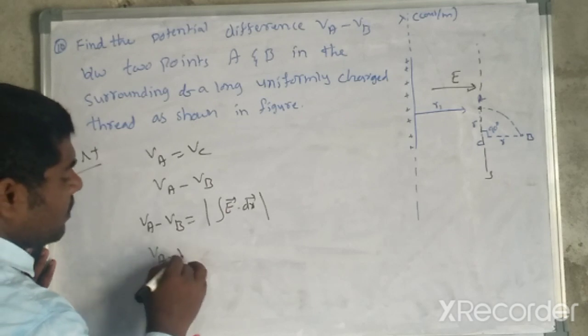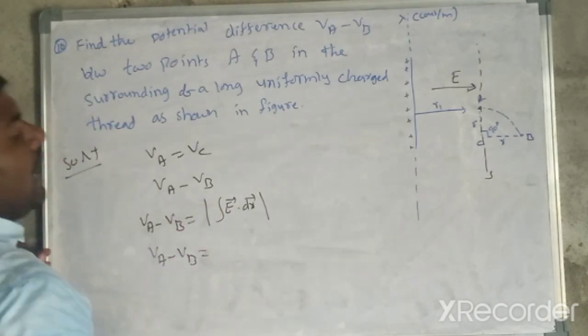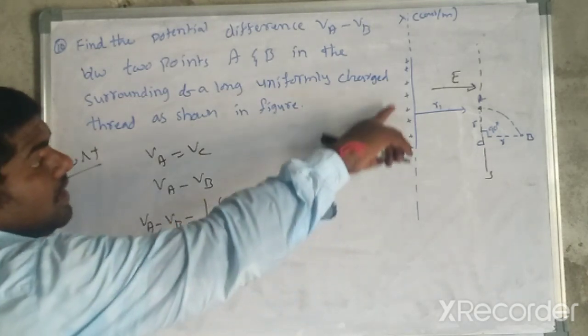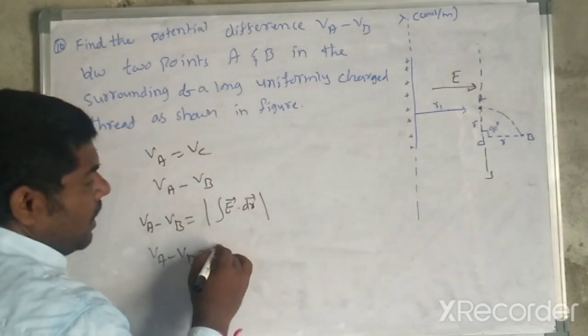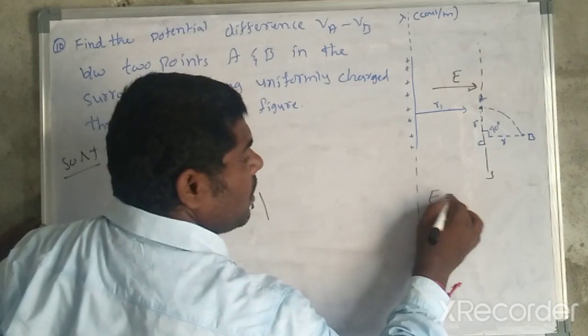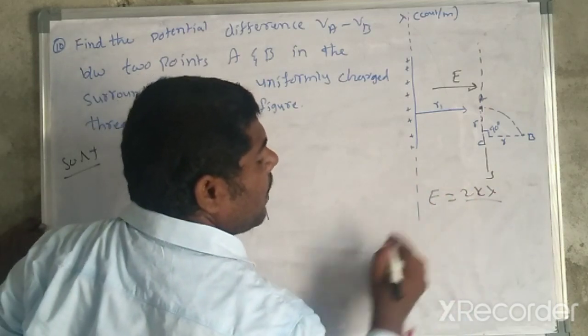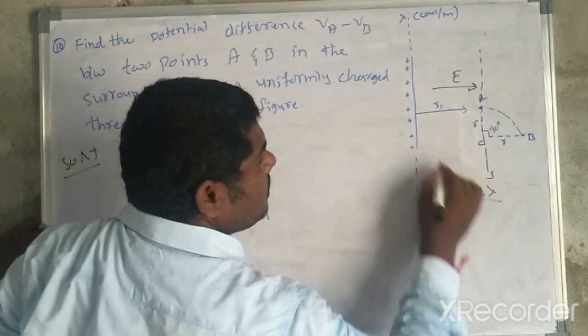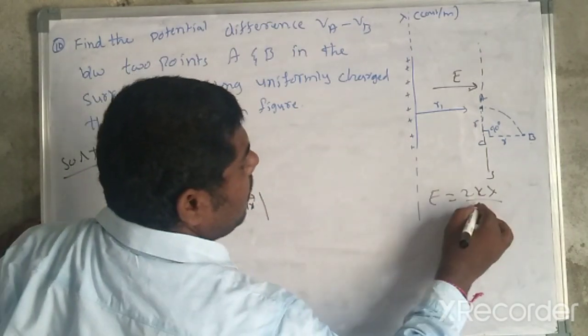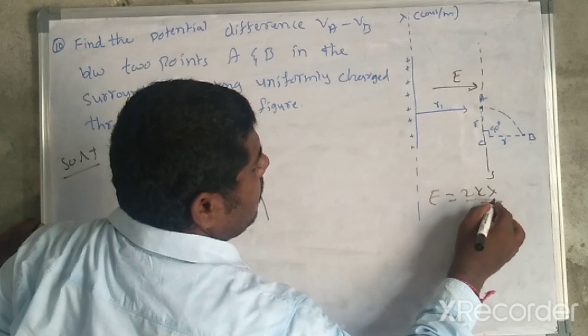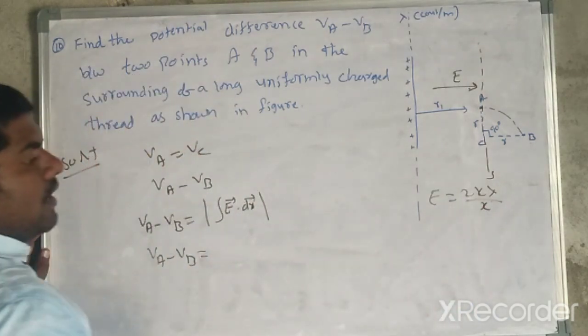So VA minus VB is equal to the electric field. For this long uniformly charged thread, the electric field is 2k lambda by x, where x is the distance from the thread.